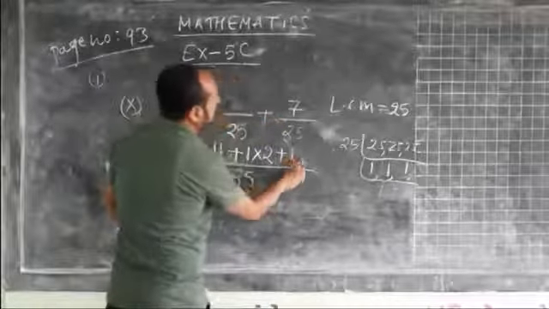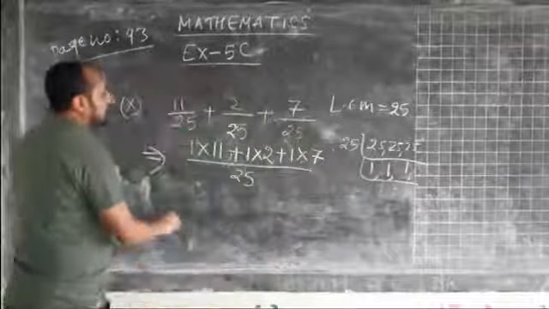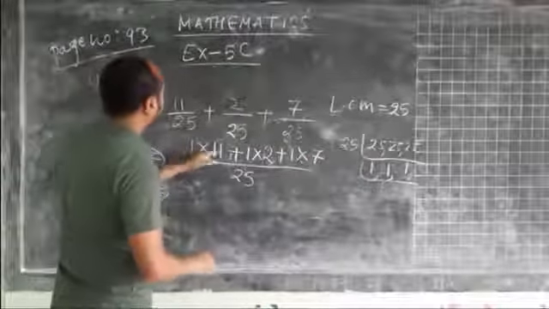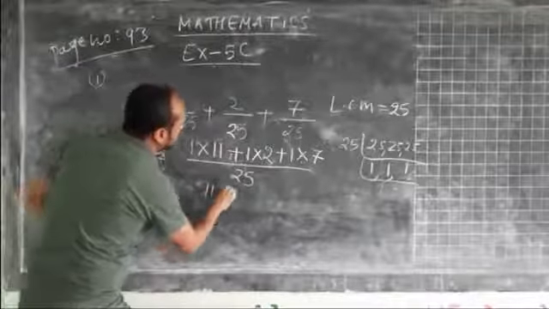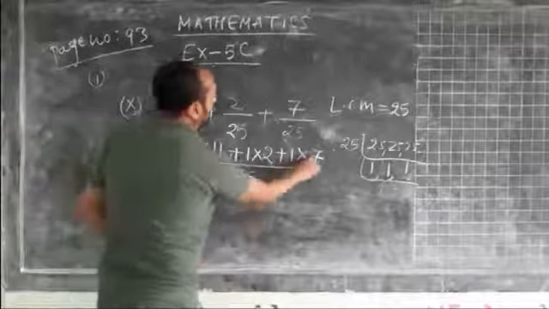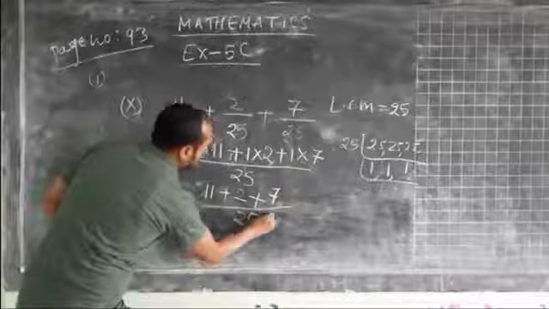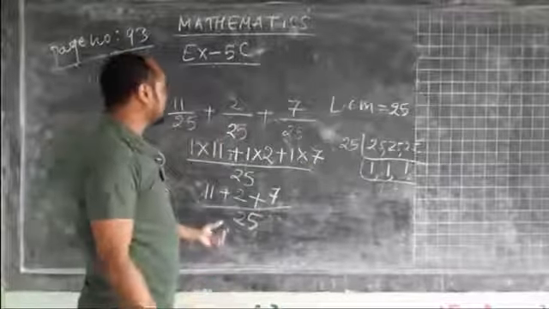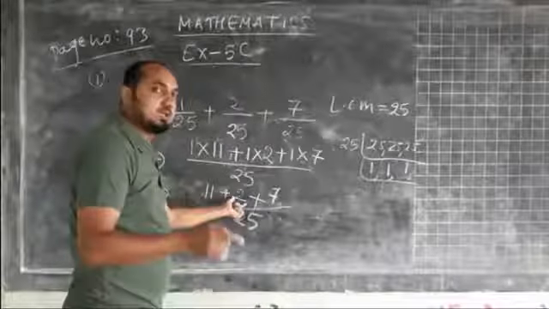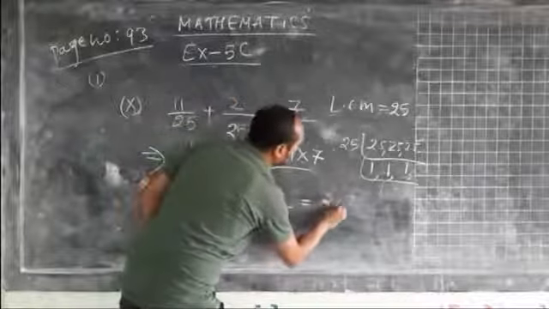So 25 ones are 25 into whatever we have in the numerator, we will write 7. Now next step, we will multiply. 1 into 11 we have 11 plus 2 ones are 2 plus 7 ones are 7 divided by 25. Now we have to add: 11 plus 2 is 13, 13 plus 7 is 20. So here we will get 20 by 25.